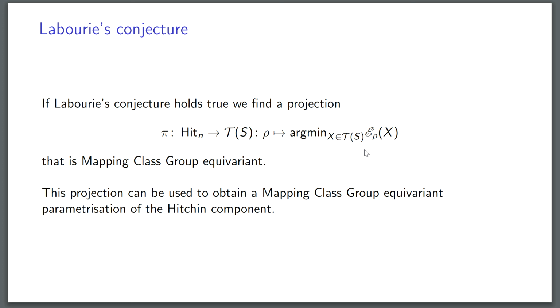And as I said, for rank 2 simple Lie groups, we know the conjecture to be true, and for such Lie groups we can parameterize the Hitchin components nicely, but for other components we at the moment do not have any idea how to proceed.